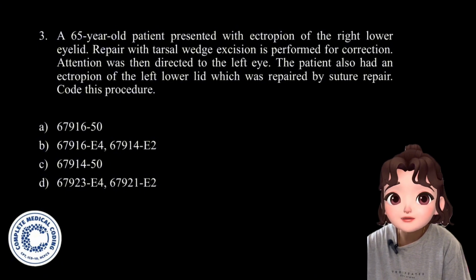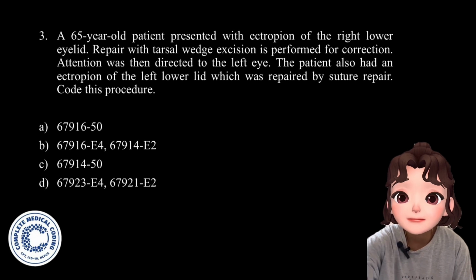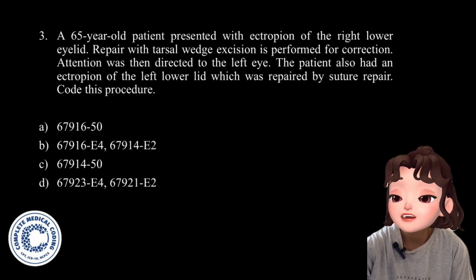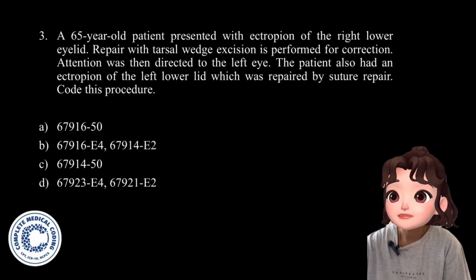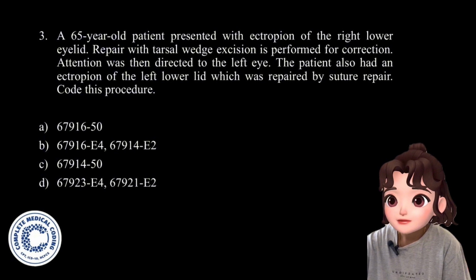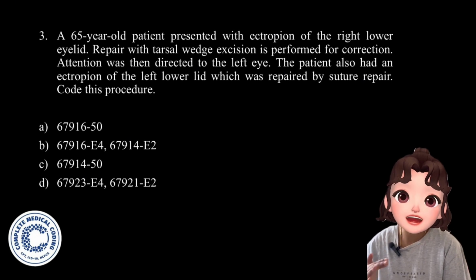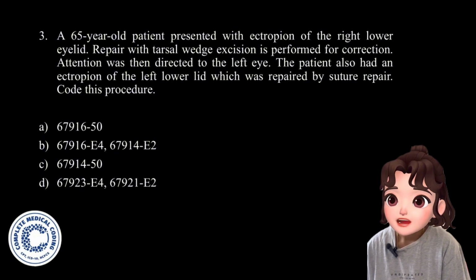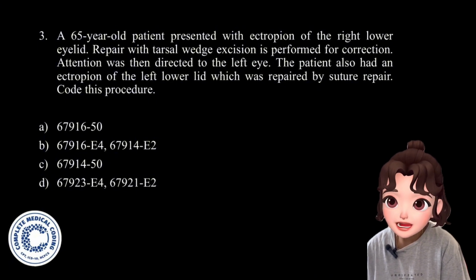So here the ectropion procedure is carried out. What you have to mark here? Here ectropion is carried out on the right lower eyelid. And then repair is done here, right?